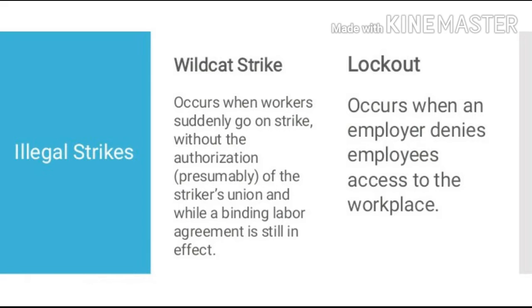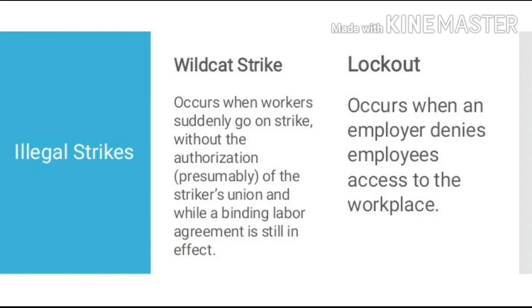Management also has certain tactics that it may employ in its efforts to break an impasse. One possibility is called a lockout, and it occurs when the employer denies employees access to the workplace.